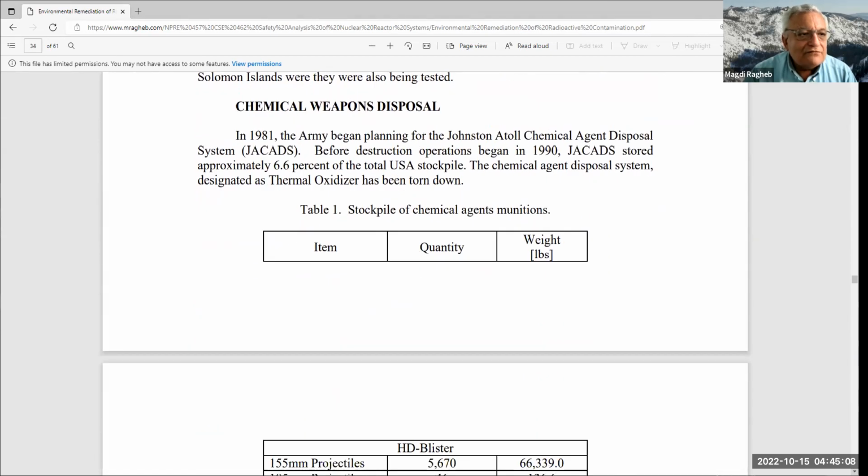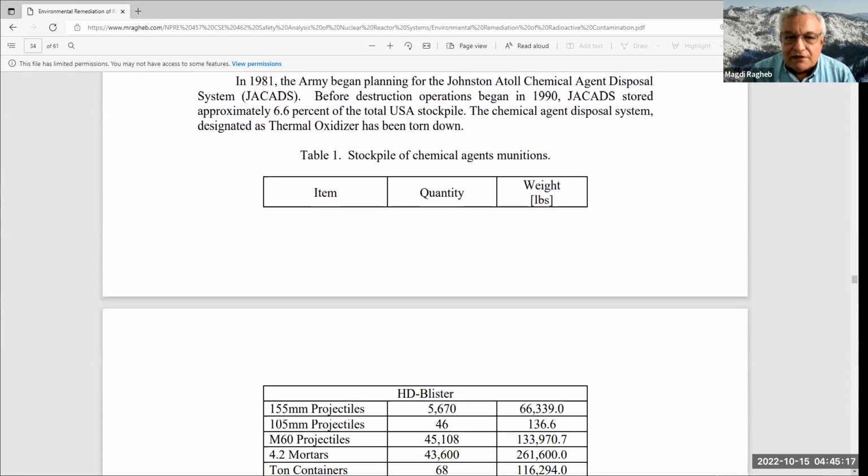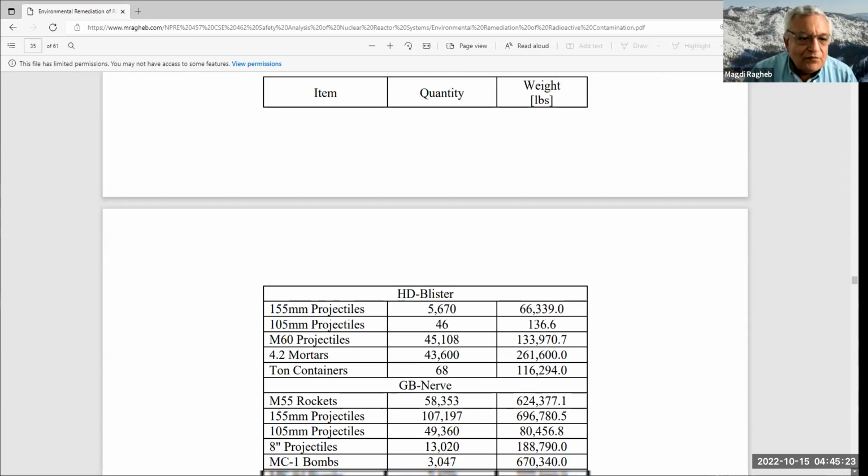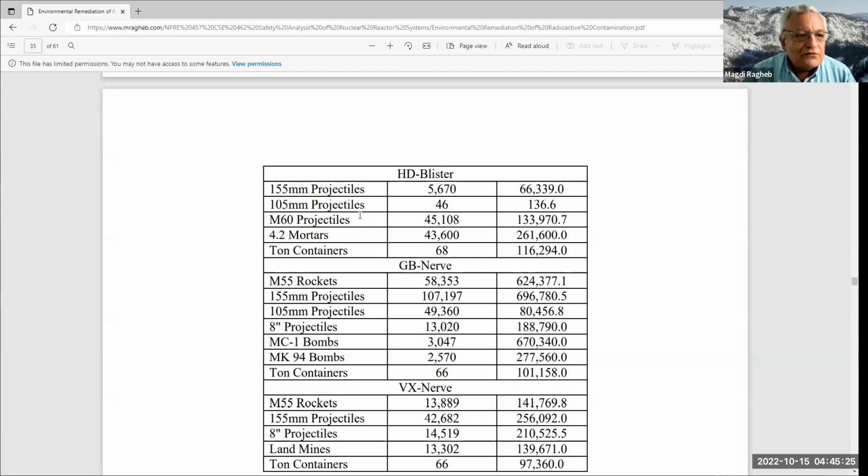So in terms of chemical weapons disposal, you know that chemical and biological weapons have been banned from the world, and they are the only weapons that the nuclear weapon states have not been using. You find here projectiles of the blister agent, GP nerve agent, and VX nerve agent.